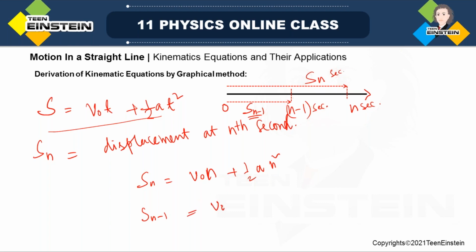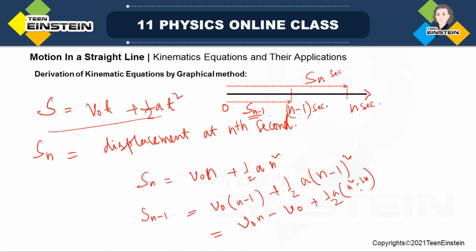So it will be v0 into n minus 1 plus half a into n minus 1 whole square. Okay, if we simplify a bit here, I'll write everything: v0 n minus v0, plus this along with this term, n square minus 2n plus 1.